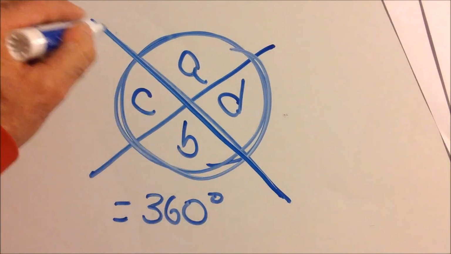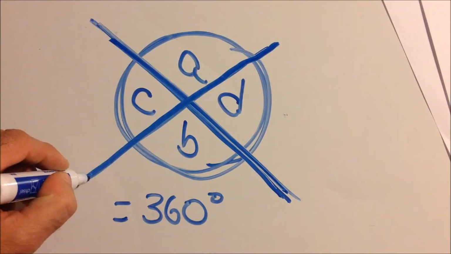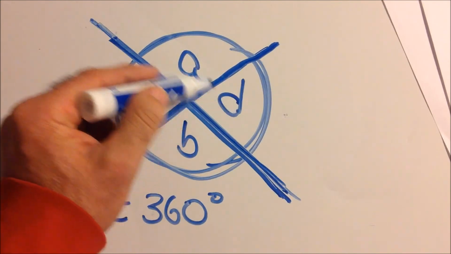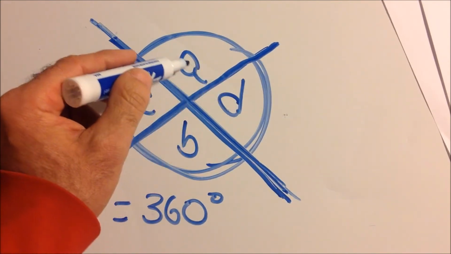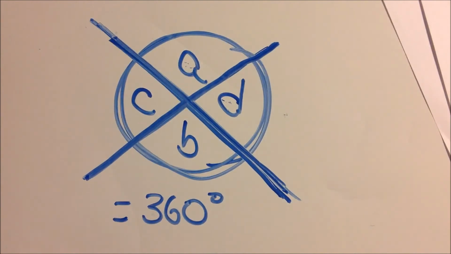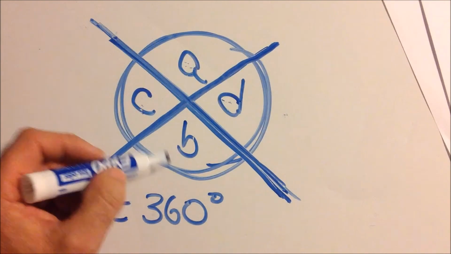Also, if you look at the line, straight lines are 180 degrees. So if this line's 180 degrees, angle A and angle D have to equal 180 degrees. The sum of these 2 angles has to equal 180 degrees. The same with A and C, or B and D, or C and B.